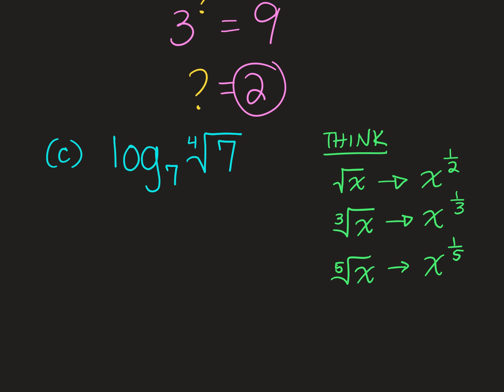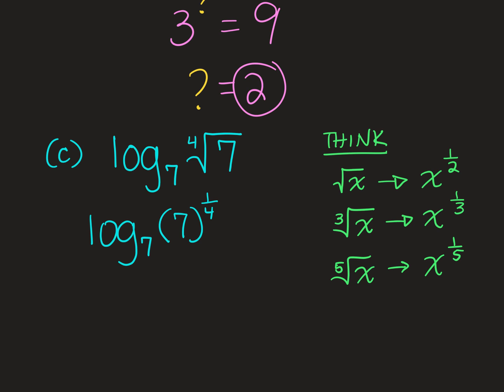So I'm going to write that 4th root as a power. The first thing I'm going to do is rewrite this as the log base 7 of 7 to the 1/4 power. Now I've got a power in my logarithm. So I can use my power property here.